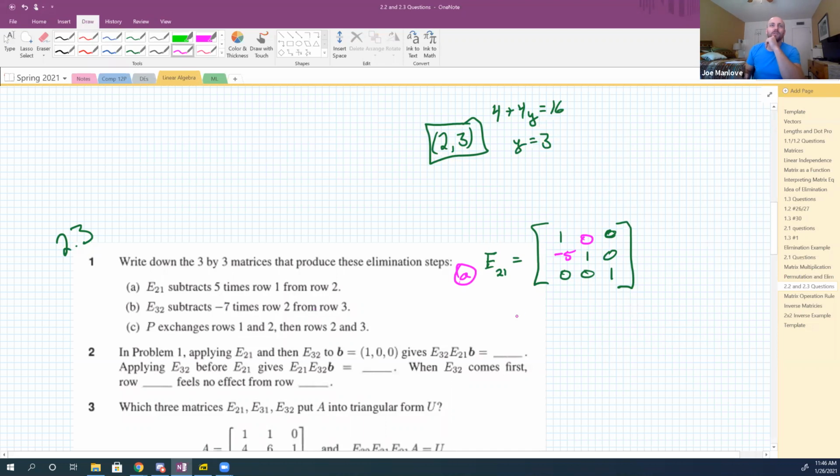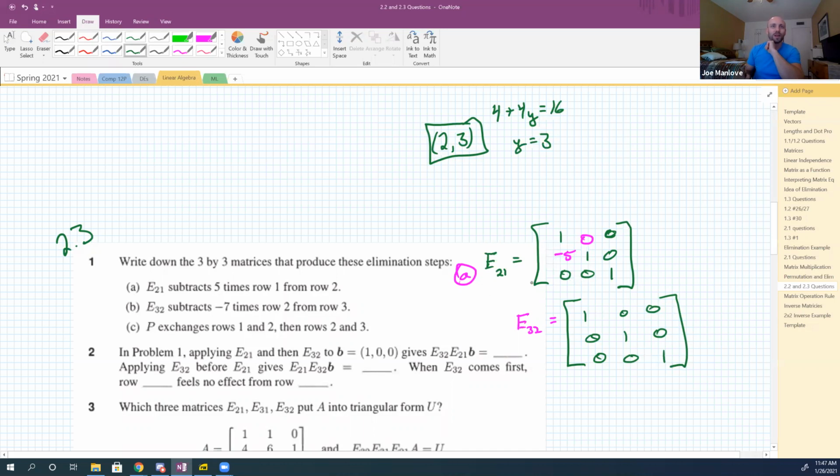Okay, how about E32? They say I want to subtract 7 times row 2 from row 3. So I'm going to start out guessing that's the identity matrix. And now I'm pretty sure that if I want to subtract things, I probably should just put them down here. You guys see that?